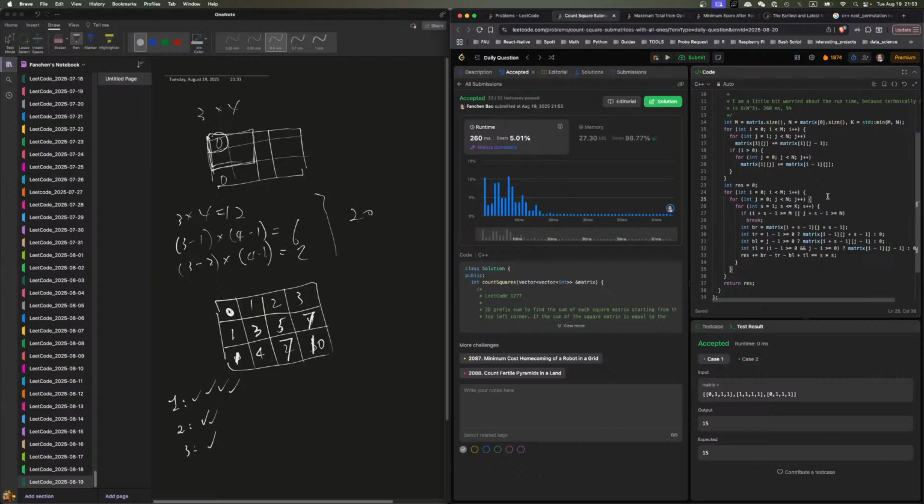Like if you find a big one, then you can compute what's inside, right? So what you're saying is, if we find, so we should go from, just like for this, I can go from 1.